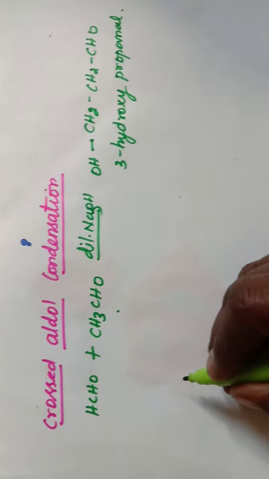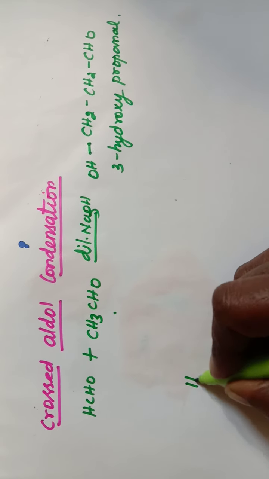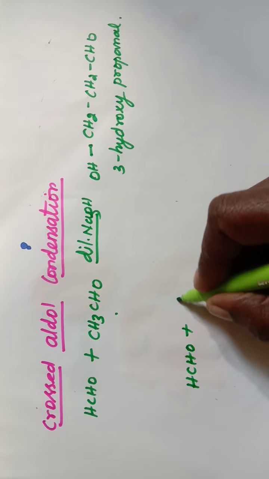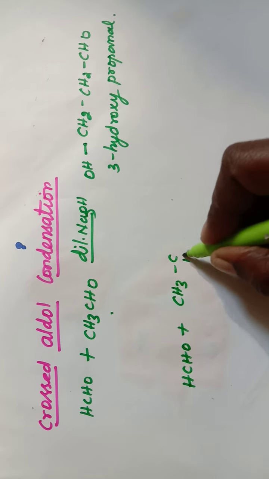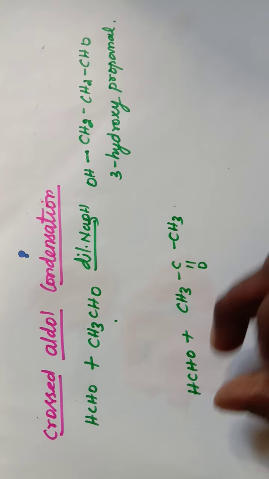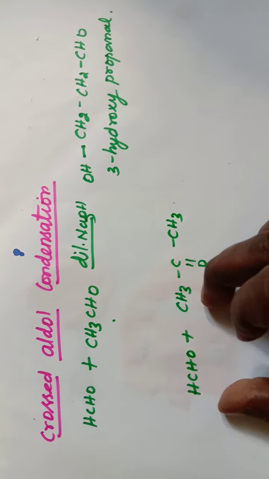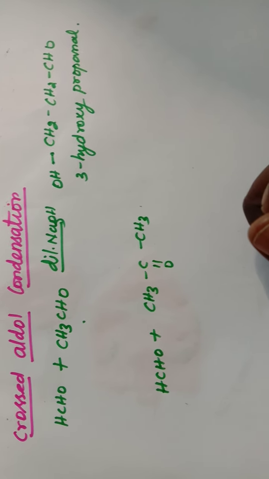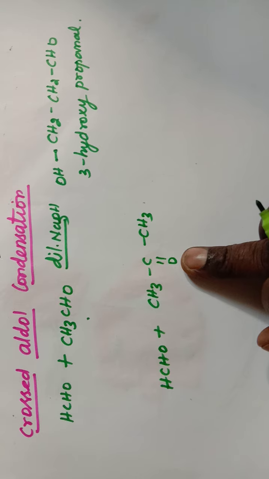In the same way, when formaldehyde reacts with acetone, here an aldehyde and also a ketone, this kind of reaction is also called crossed aldol condensation. One is an aldehyde, another one is a ketone.